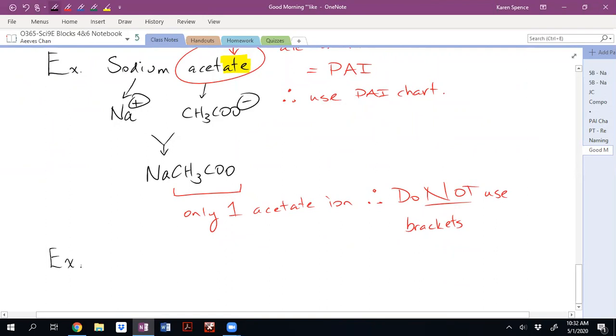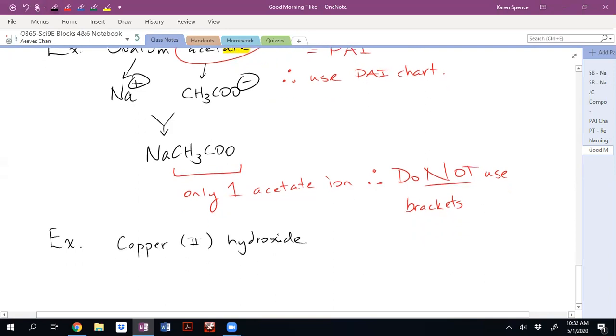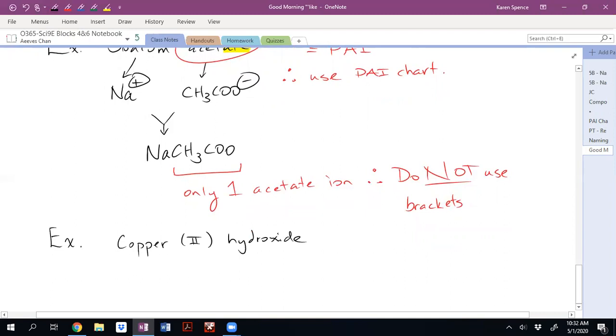Let's try another example. Copper 2 hydroxide. Okay, well, copper, I know that the formula for copper is Cu, and the Roman numeral tells me that it is 2 plus.